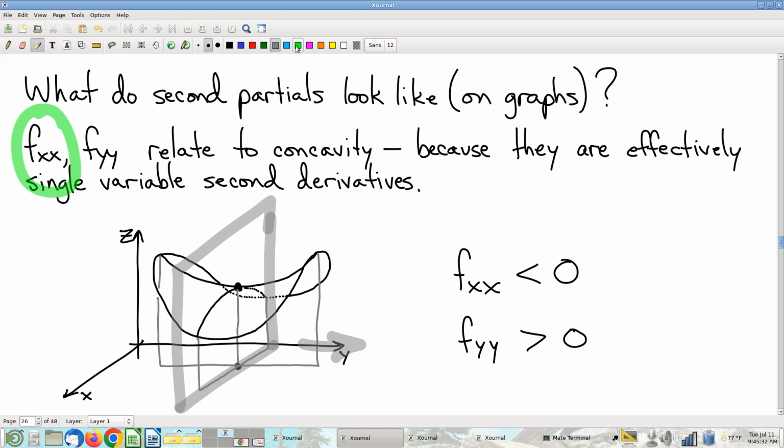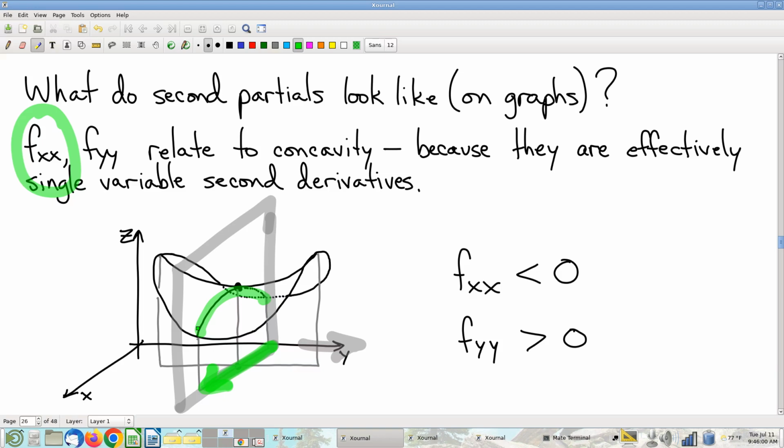And in so doing, we'll notice that the act of taking the x partial and then taking the x partial of that, I'm really just taking the second derivative of this single variable function whose graph is the cross-section, just like we discussed when we were talking about partial derivatives last time. So it's morally a single variable function, because y is held constant for both of the x partials.